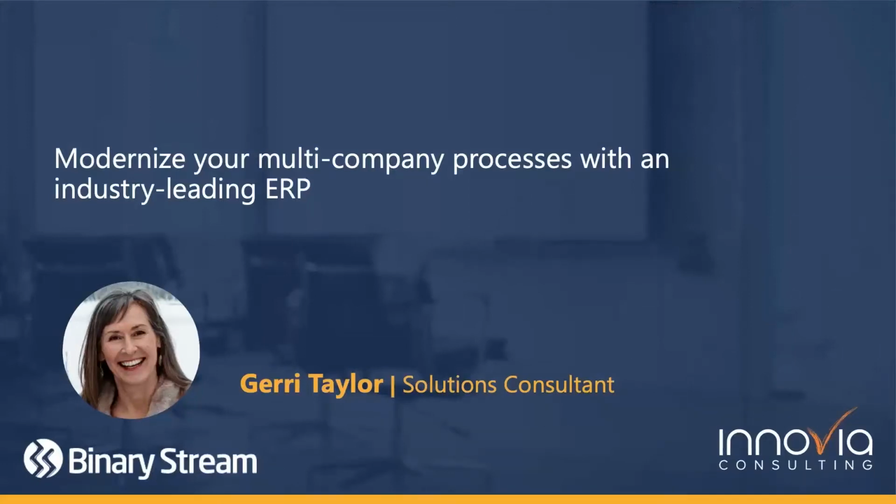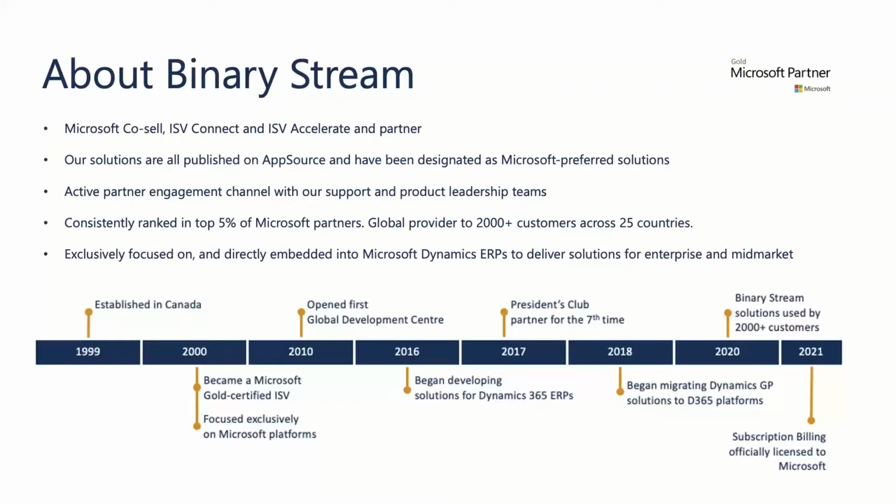So just getting started and talking a little bit about who we are. Especially for those of you that may not know, Binary Stream has been developing solutions as a major ISV for Microsoft across the Dynamics platforms for just over 20 years now. I'm not going to go through all of these details, but one of the key points I'd highlight is that we've been designated as a Microsoft preferred solution.